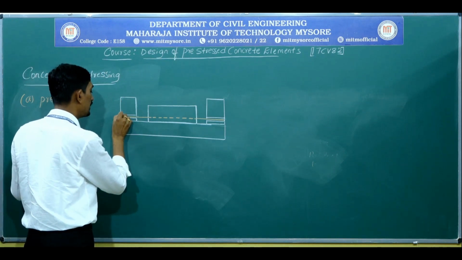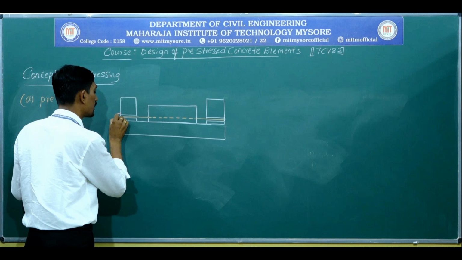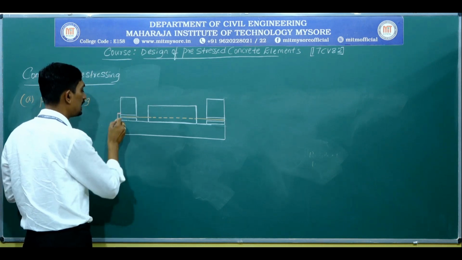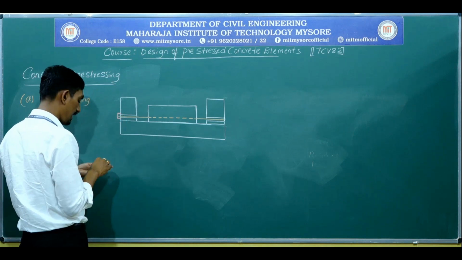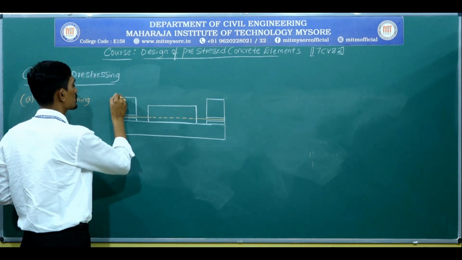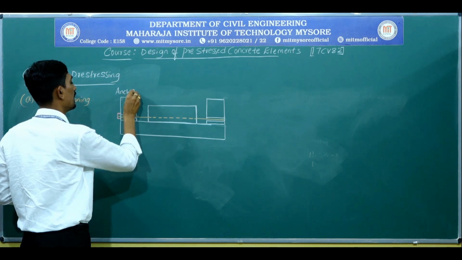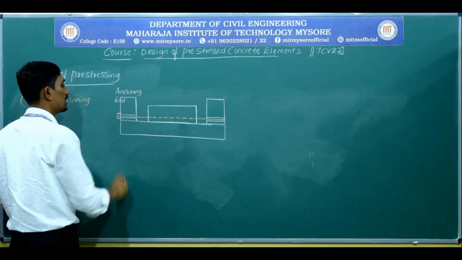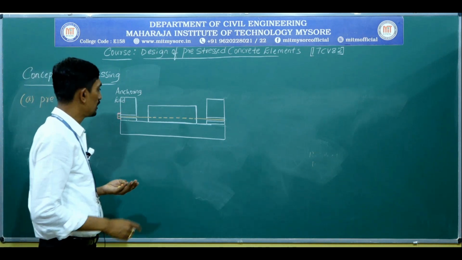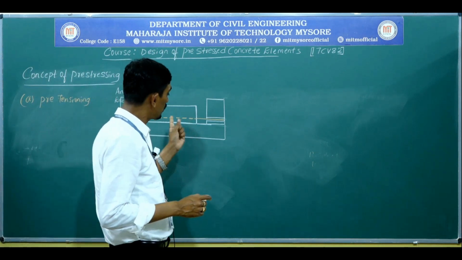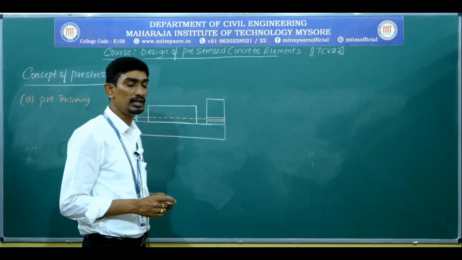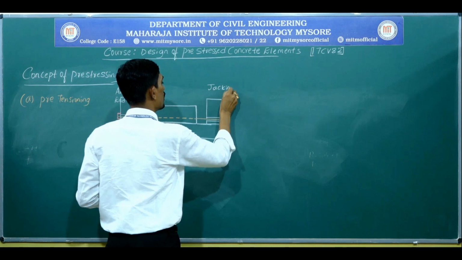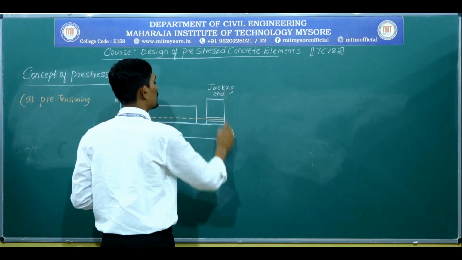So I will introduce the anchor here. That's why this end is called the anchoring end, and this will be called the anchor. And to the right of this, let me call it the jacking end, or jacking abutment end.